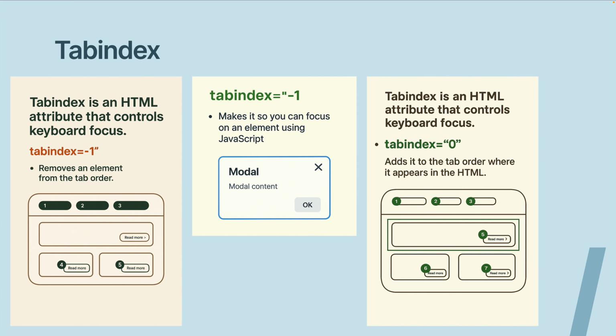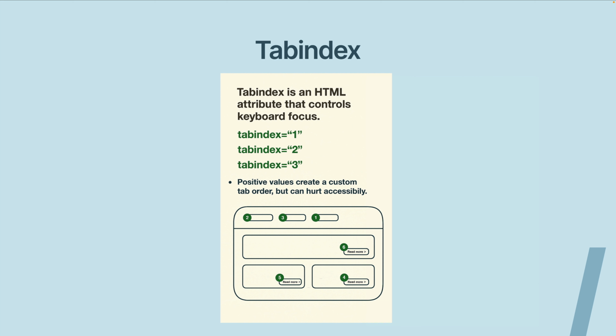If you give Tabindex a value of 0 in HTML, it adds the element to the tab order where it appears in the HTML. So -1 removes it from the tab order, and 0 adds it to the tab order. There are also positive values like 1, 2, and 3, which allow you to create a custom tab order in case you want to change it, but it is recommended that you don't do that.